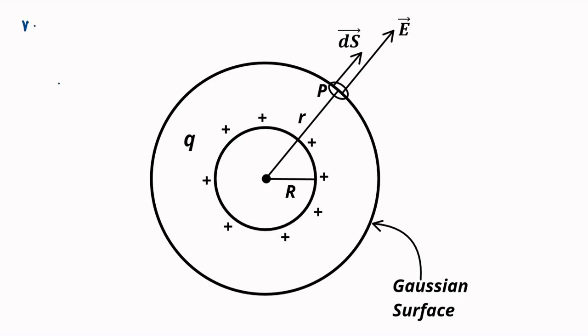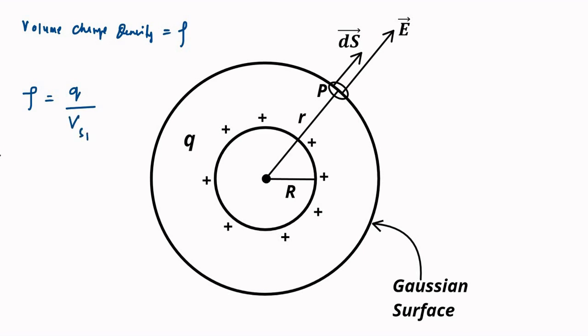Okay, so we know that the volume charge density is equal to the total charge by total volume, which is the volume of the sphere.